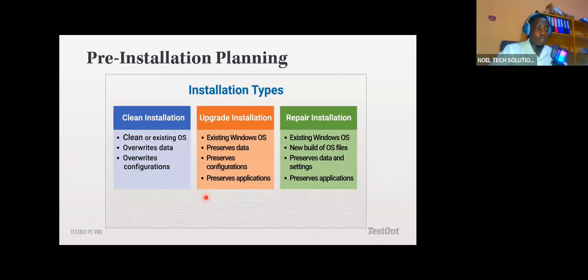So when you find yourself doing a repair installation, it simply replaces those files that have nothing to do with your personal data. What actually makes a computer belong to a person is the data that it stores, the data that the person has put inside that computer. Other than that, the operating system has its own files, which are all independent from the user data.